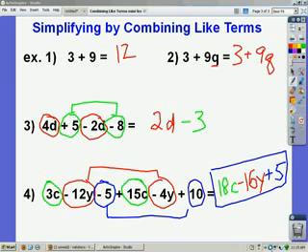I also noticed I have a bunch of y's. Combining negative 12y and negative 4y, these two together will combine to be negative 16y, because negative 12y minus 4y is negative 16y.